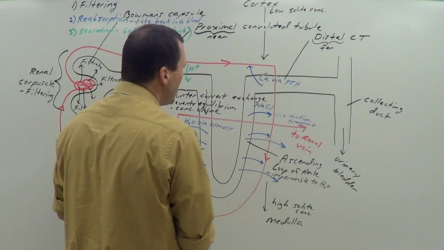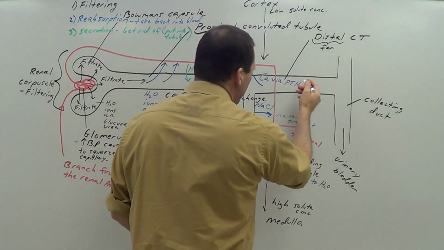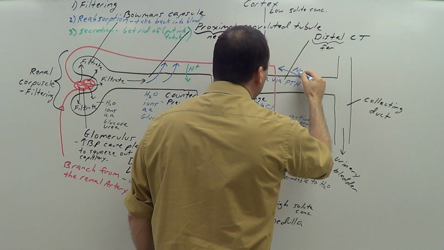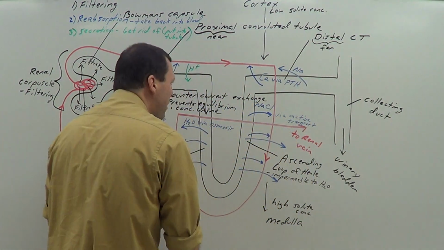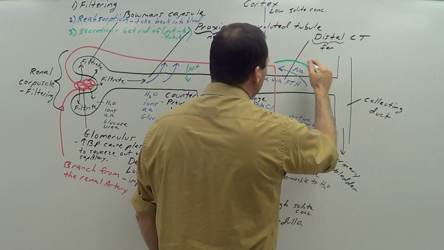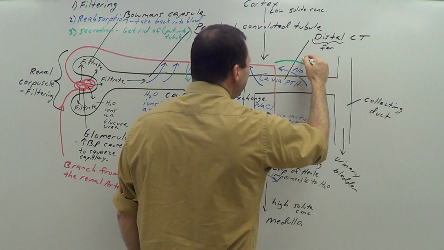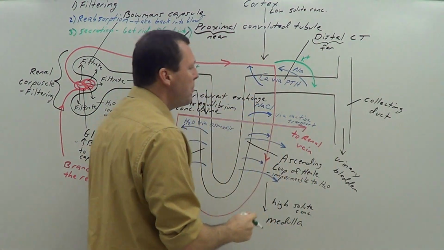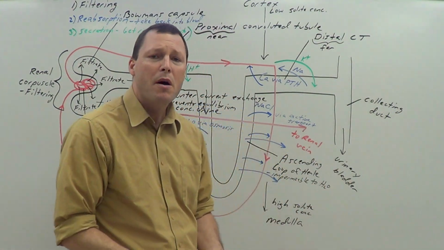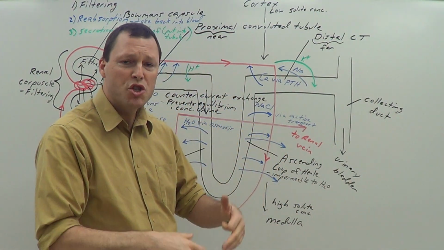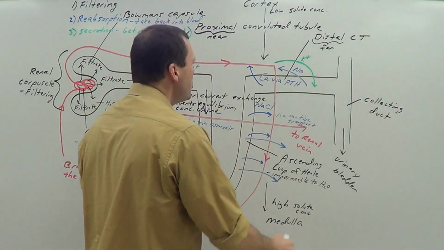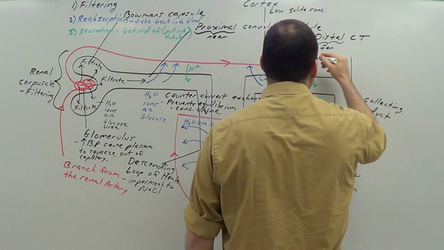Now, in addition, we're also going to have reabsorption, I guess I'll show that over here, of sodium. And we're going to have secretion of potassium. Now, both of these are going to occur under the direction of mineralocorticoids, especially a mineralocorticoid called aldosterone. So I'm going to write mineralocorticoids here.